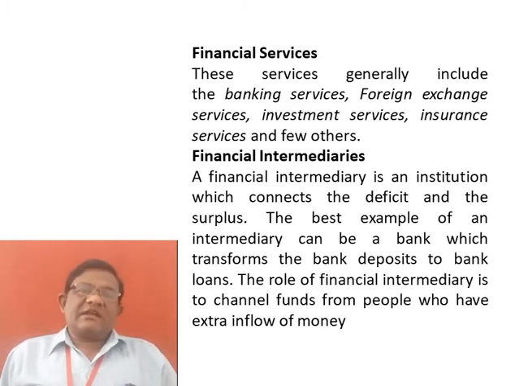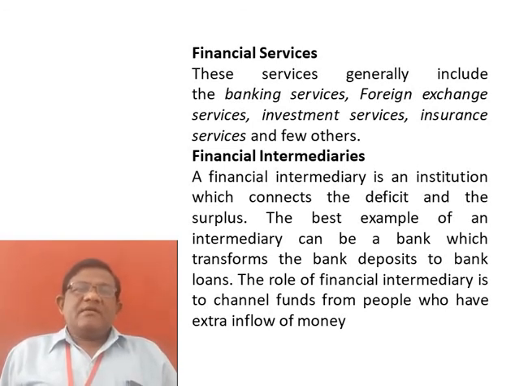Number five is price determination. Financial markets allow for the determination of the price of the traded financial assets through the interaction of buyers and sellers. They provide a signal for allocation of funds in the economy based on demand and supply through the mechanism called the price discovery process.